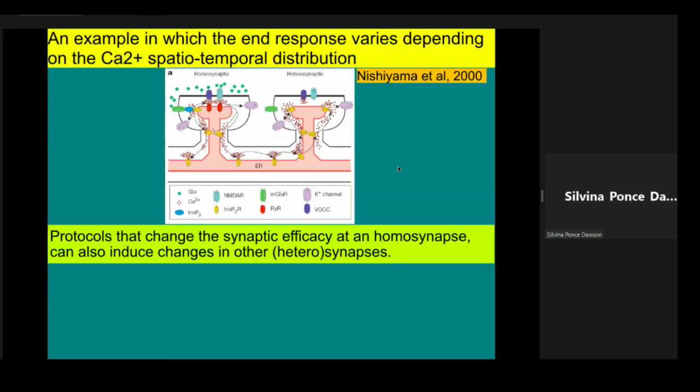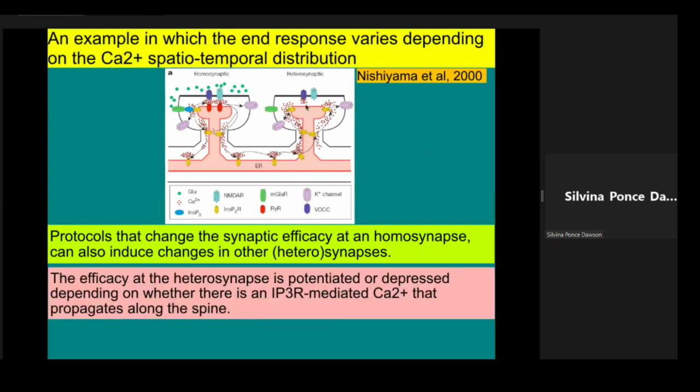This is a synaptic modification through some sort of protocol that you do to one synapse, the one that you challenge with a particular perturbation, and then you look at whether some other synapses change their strength.